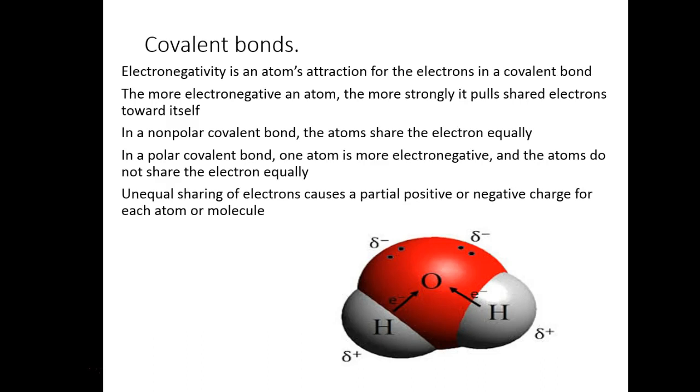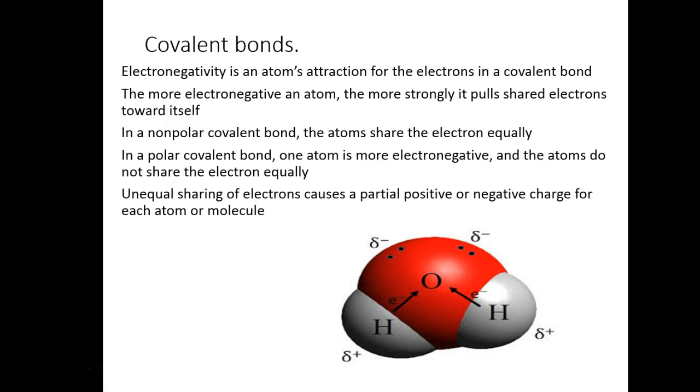Just based on size, you can see in this image, oxygen is much larger than the hydrogens, but it also has a stronger pull for that electron, so it has a stronger electronegativity. And that makes it polar. It makes it have a portion of that compound that will have a negative charge and a portion that will have a positive charge.